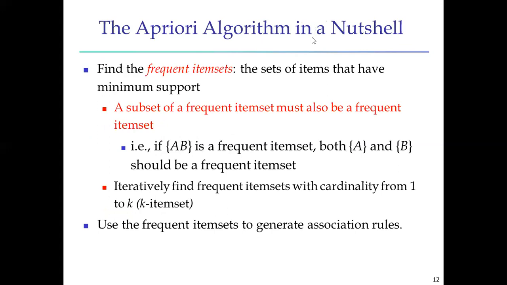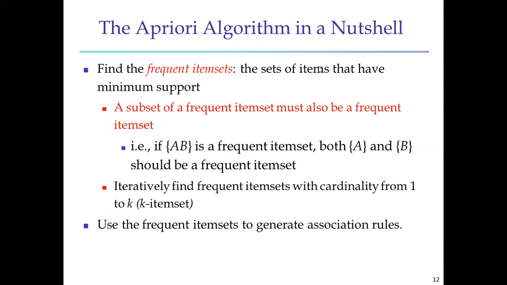Now, the a priori algorithm. Find the frequent item sets, the sets of items that have the minimum support. That minimum support is a threshold given by the user. A subset of a frequent item set must also be frequent. That is the a priori property.